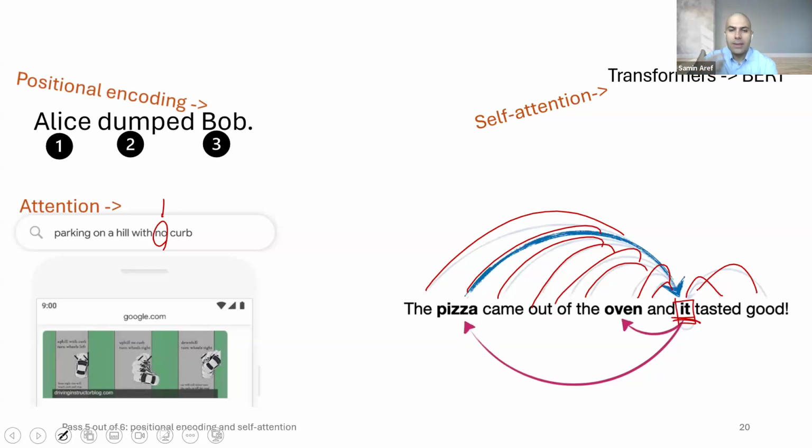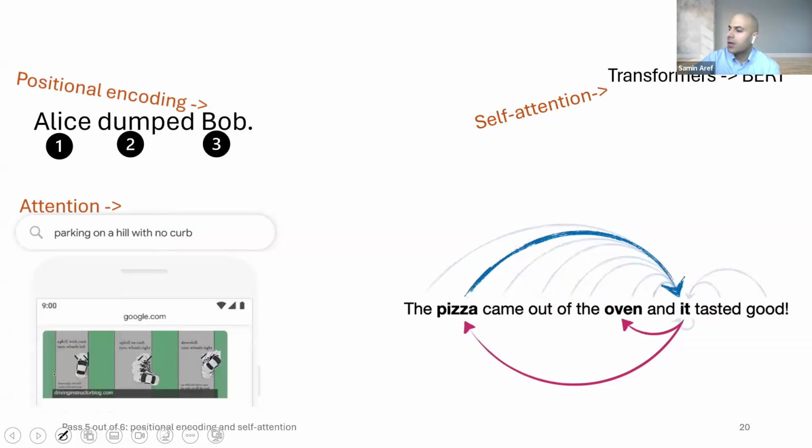Through the pre-training, based on backpropagation, it's going to learn that for processing this input properly, to have a low loss in the objective function, it should pay more attention to the word pizza rather than to the word oven.